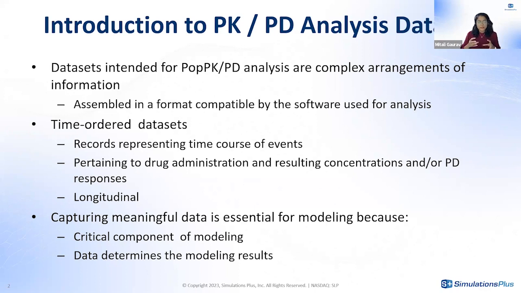That's because the data determines the modeling results. Whatever data you have, you will only be able to perform your analysis on that. But the other thing you need to keep in mind is that the data that you capture is also determined by your modeling goal. What is the end result that you are trying to achieve by performing these analyses? Next slide, please.